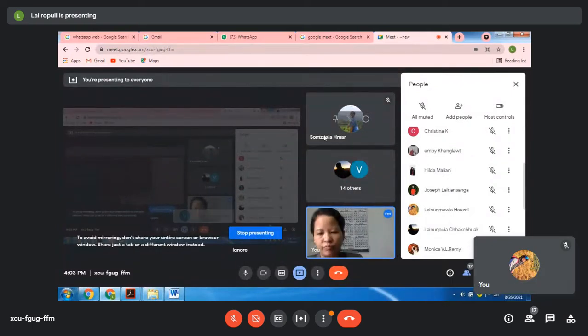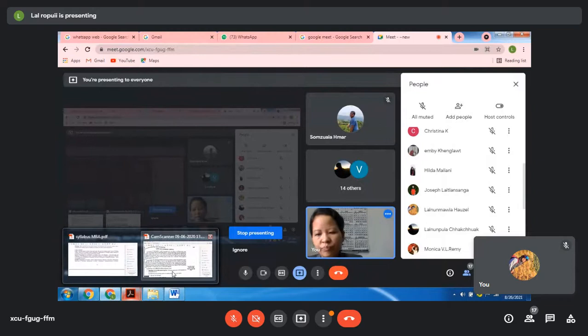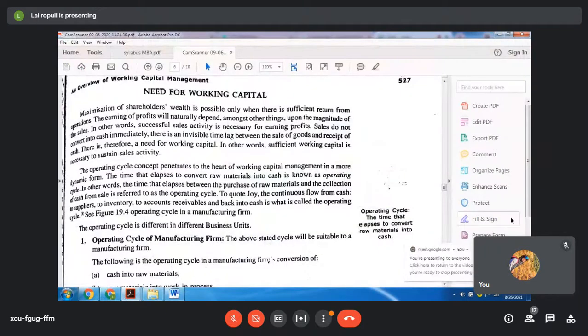So as sales, you have money, you have capital, you get raw materials, and then raw materials turn into stock in process, or work in progress, and then work in progress goes to finished goods, then finished goods to sale.